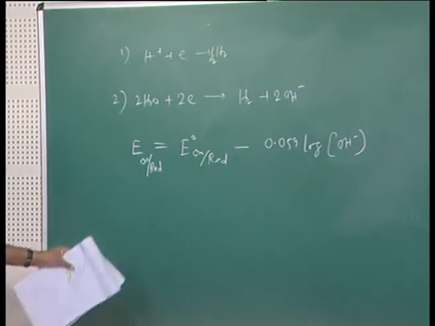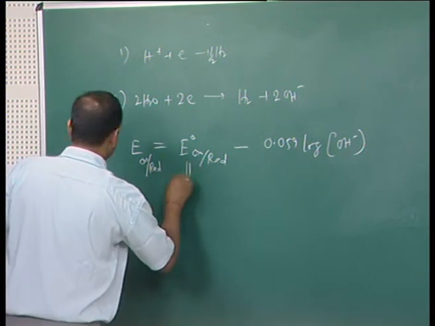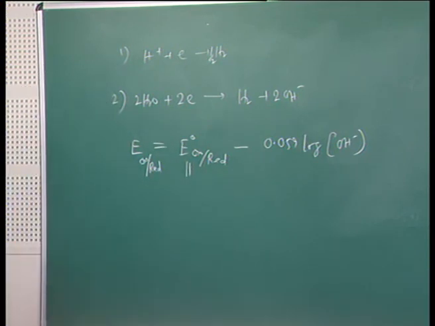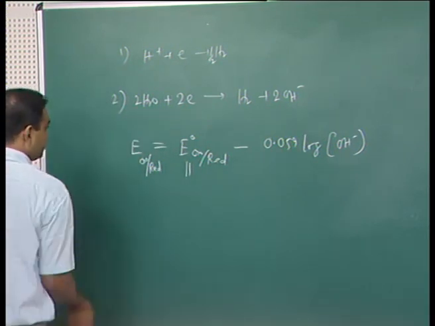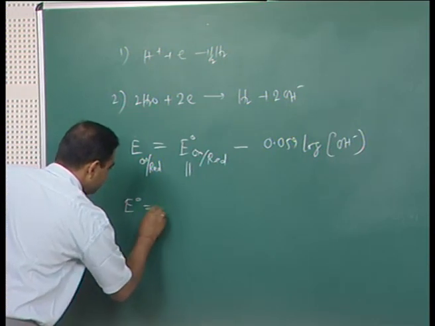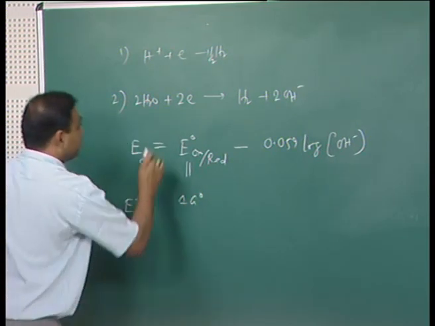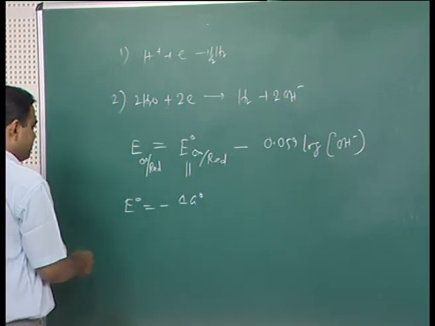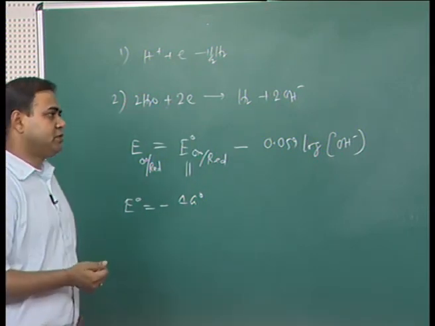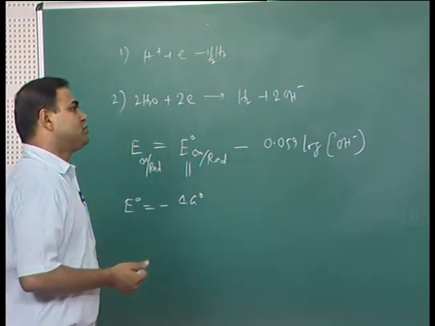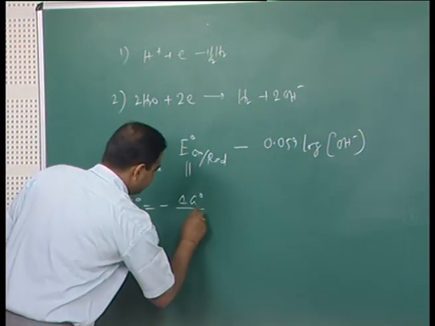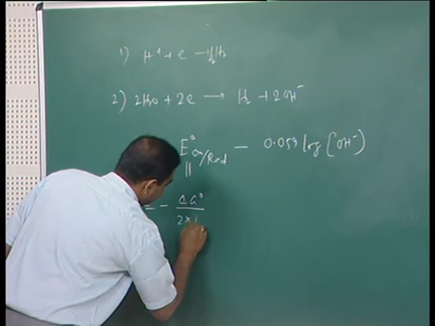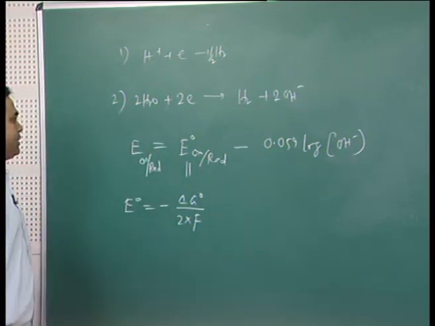Now in this same relation we have to find out the value of E0. E0 would be equal to del G0 for this reaction with a minus sign, because del G0 equal to minus nFE0, and n is 2 here, so this should be 2 into F, which is 1 Faraday.